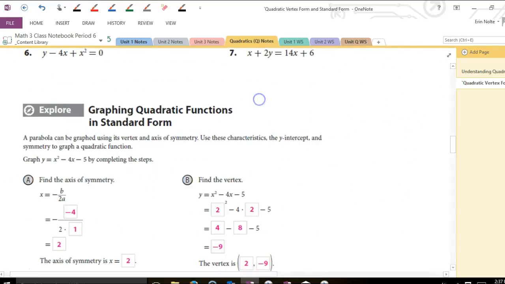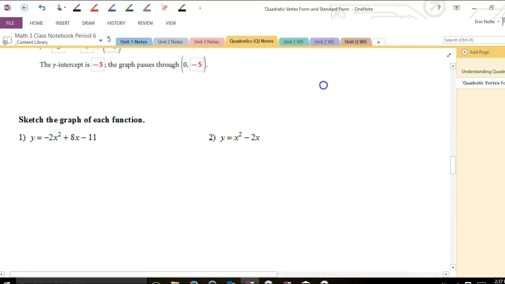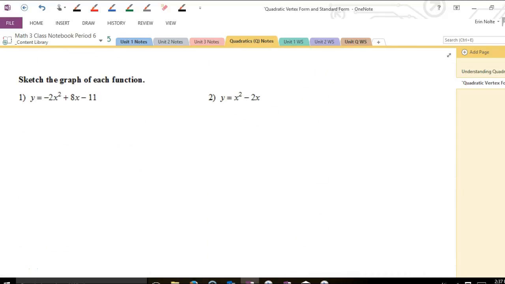All right. So I'm going to scroll down just a little bit and do question number 1 and question number 2. For starters, question number 1, what form is this written in? It's in standard. So if I'm going to graph a quadratic equation, what do I want in order to do that? I need the vertex. So I'm going to use my little formula that I just wrote down and say, I can find the h. What was the formula again? -b over 2a.